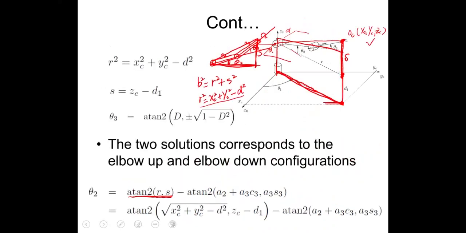Theta 2 equals beta and gamma, so that we can do the quick calculation. That is the calculation of the first three joint variables, which is theta 1, theta 2, and theta 3.